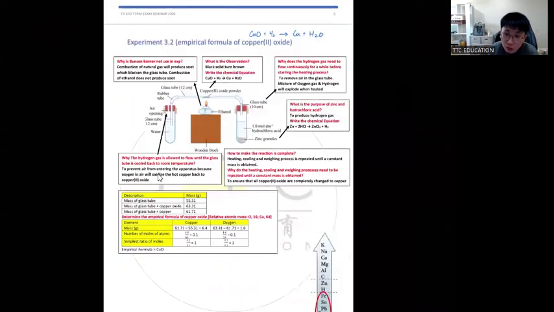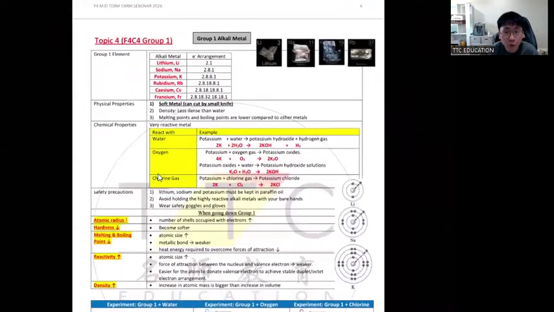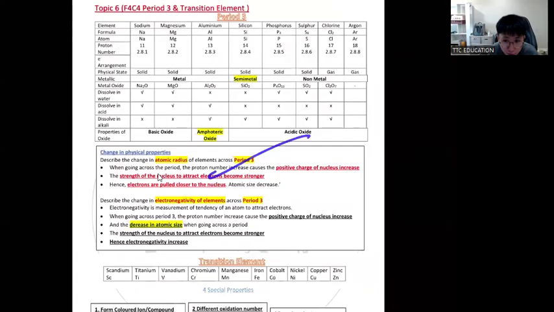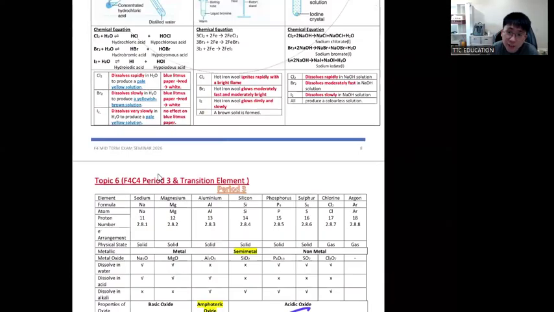Okay. So overall, then chapter 4, guys, for those who are in normal class, we just recently entered chapter 4. So got group 1, got group 17. But for current progress in our normal class, we only learn until group 1. Then group 17, and then got period 3 and transition element. All this is basically the next few weeks.